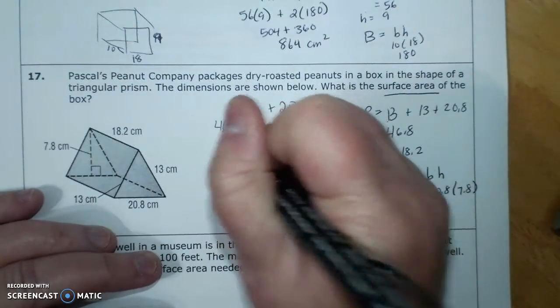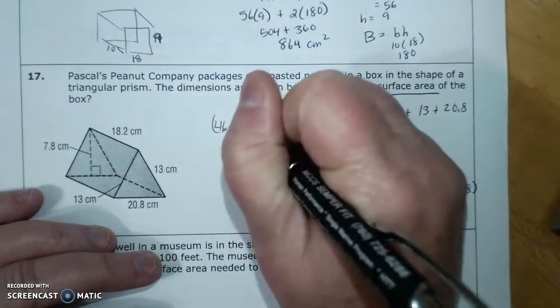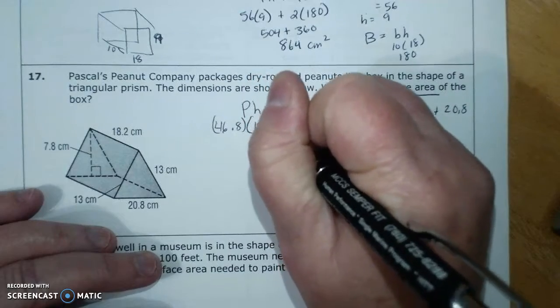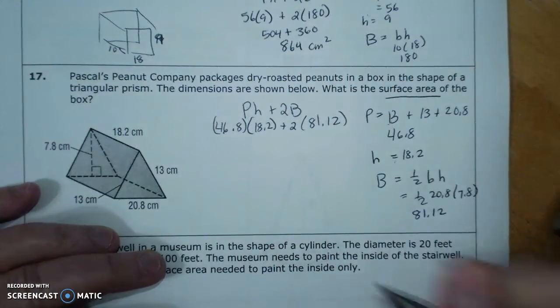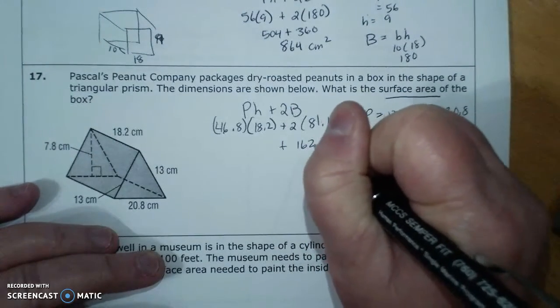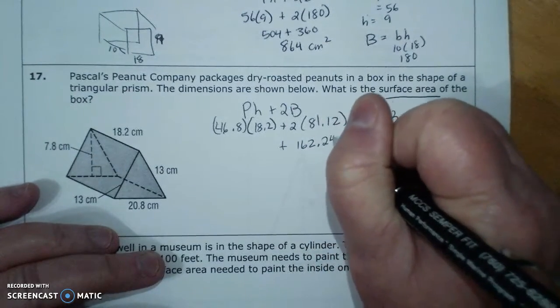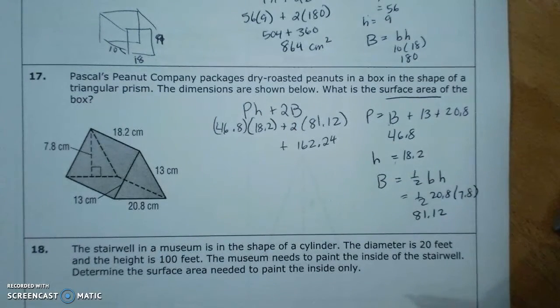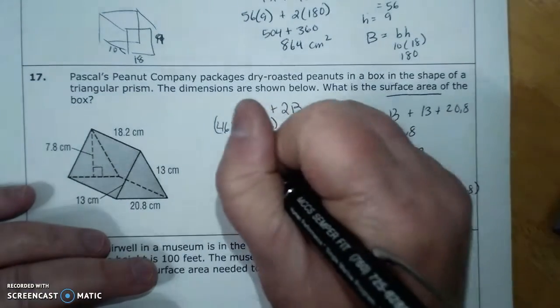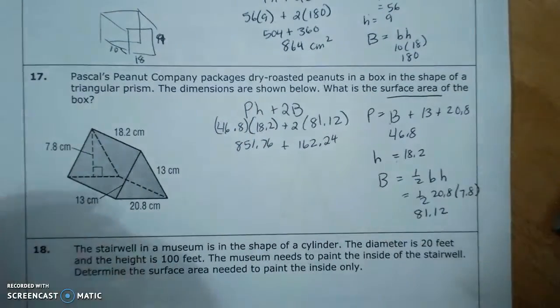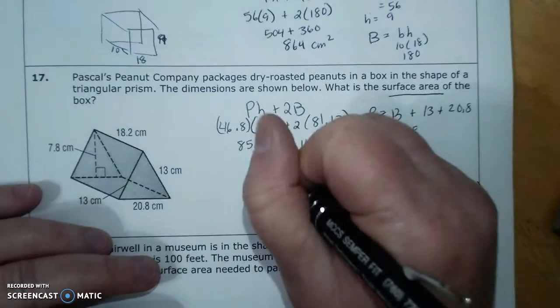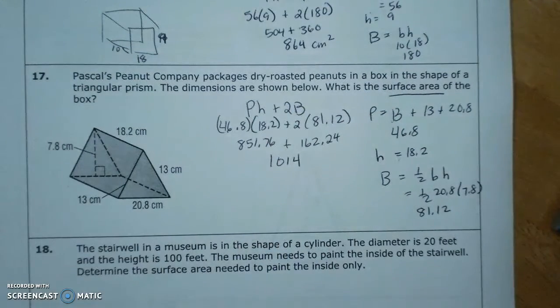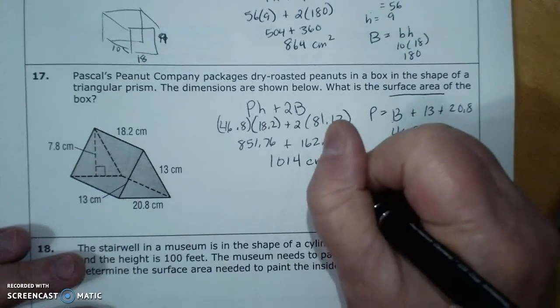So I get 46.8 times my height, which is 18.2, plus 2 times 81.12. So that's plus 162.24, and 46.8 times 18.2 is 851.76. Then I add the 162.24, and I get 1,114, and I'm doing surface area, so it's centimeters squared.